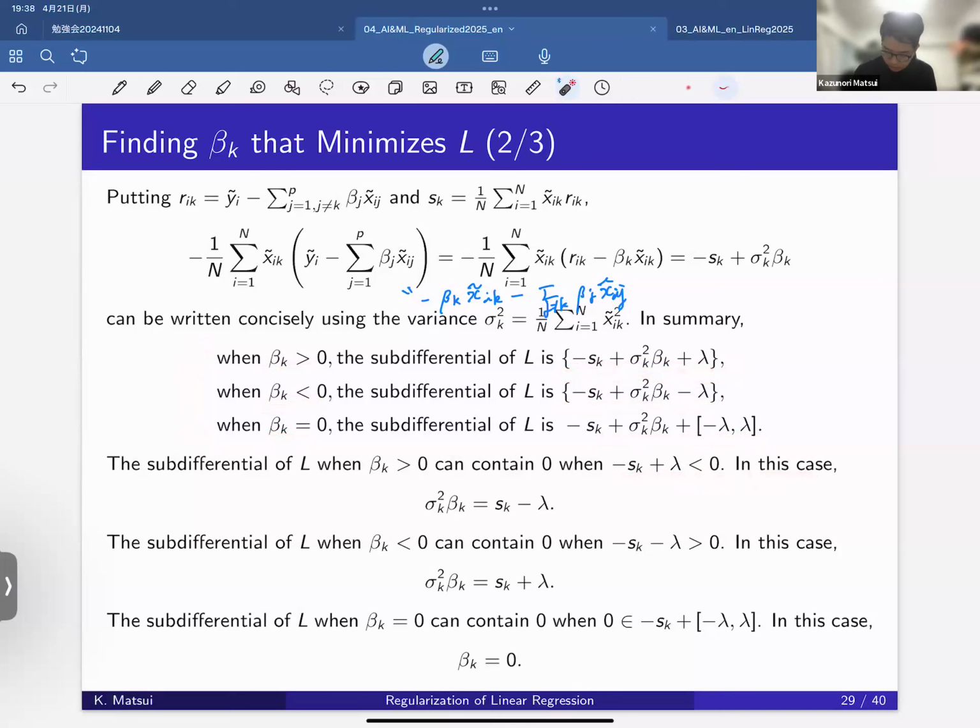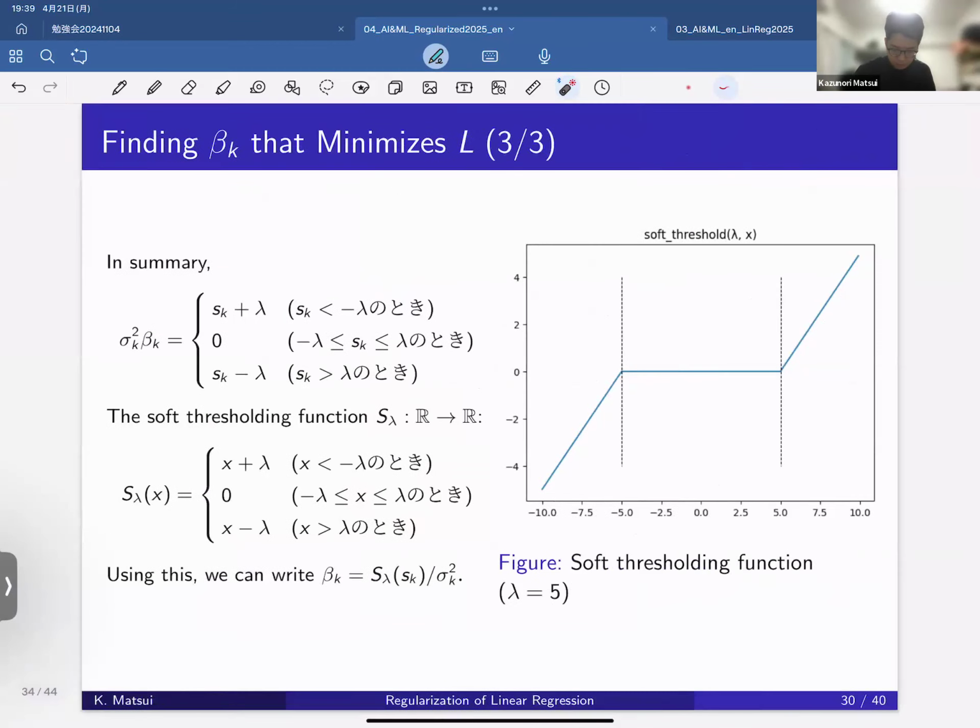In this case, this becomes 0 is equivalent to this. The other part is the same story. In summary, when sk is less than minus lambda, sigma k squared beta k equals sk plus lambda. When sk is greater than lambda, it's equal to sk minus lambda. The other case is equal to 0.